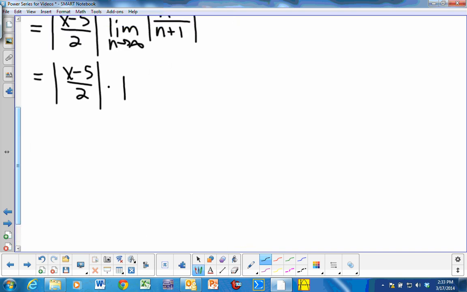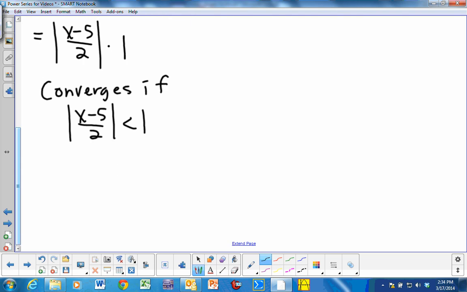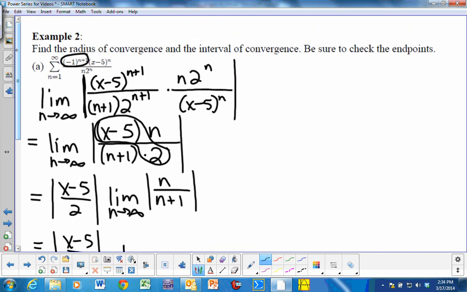Well, again, we used the ratio test, so we know that it converges if we have absolute value of x minus 5 over 2 less than 1. That's when it will converge, because that's what the ratio test says. We have to be less than 1 for that ratio. So let's solve this inequality. We're not going to do a whole lot here to solve it because we want to leave x minus 5. Because remember, if you go back up to this original problem, this one's different than the last one.